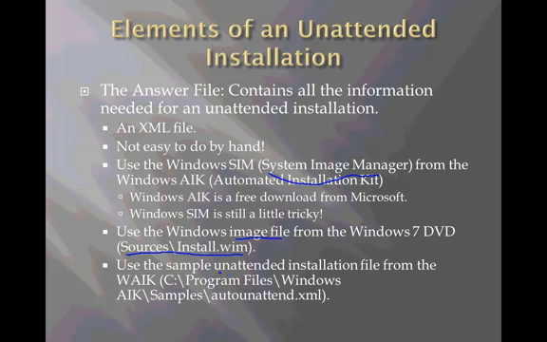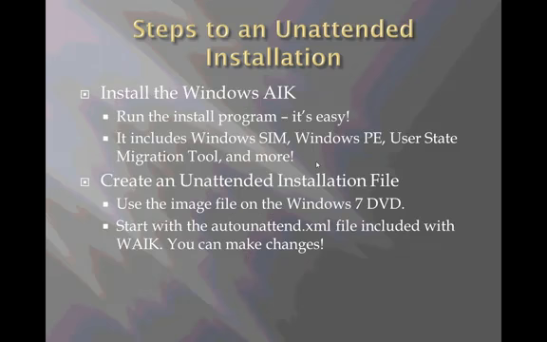The other thing we need for an answer file is either to create an unattended answer file from scratch, or, as we're doing, to take the sample unattended installation file which came with the automated installation kit, look at it, and then modify it. And we actually already have looked at it a little bit.